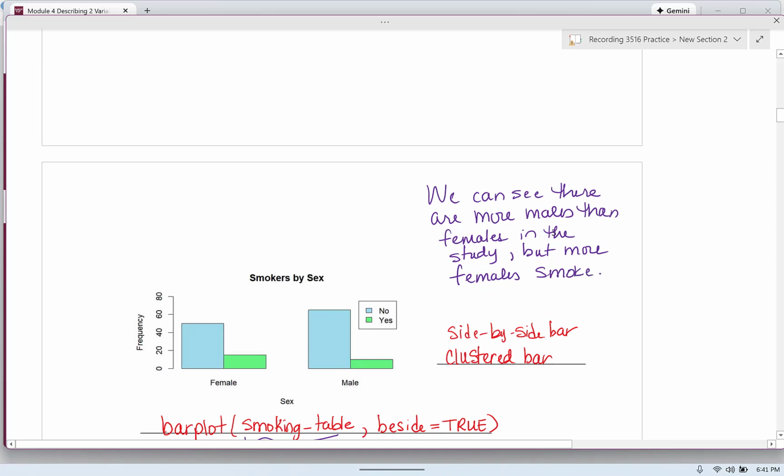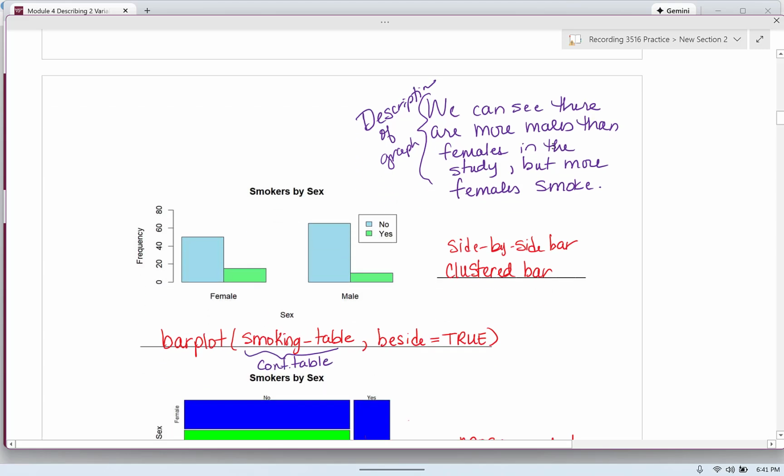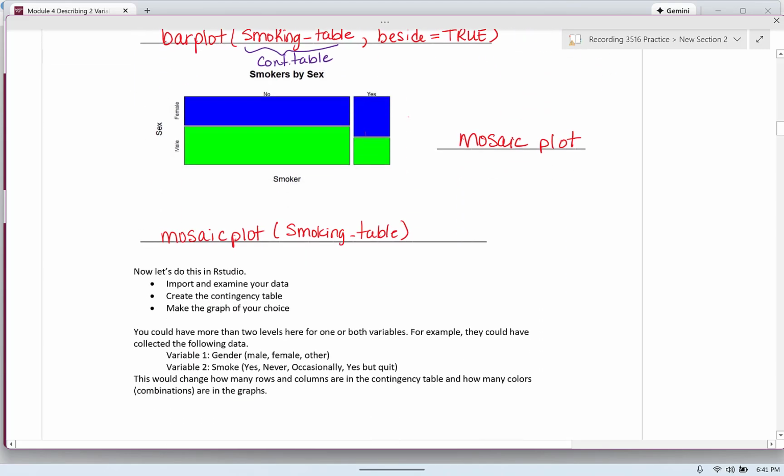And so that would be our description of the graph. All right, so we would have this description no matter what graph we used.